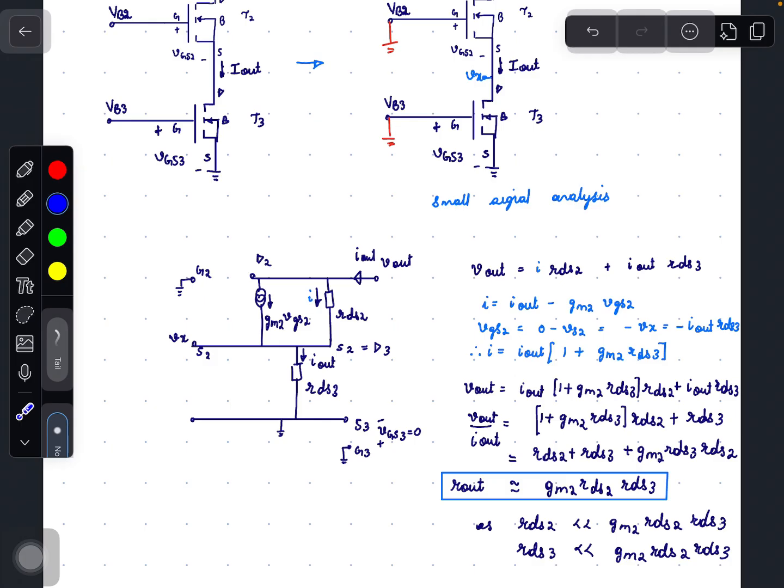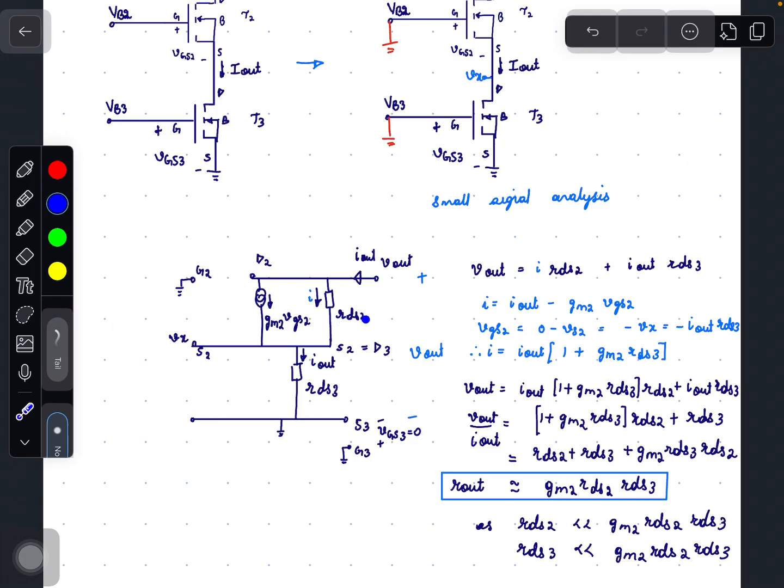Using KVL, we can say that the voltage V_out equals the current into RDS2, that is I times RDS2, which is the voltage drop across RDS2, plus the voltage drop across RDS3. So V_out equals I times RDS2 plus I_out times RDS3.